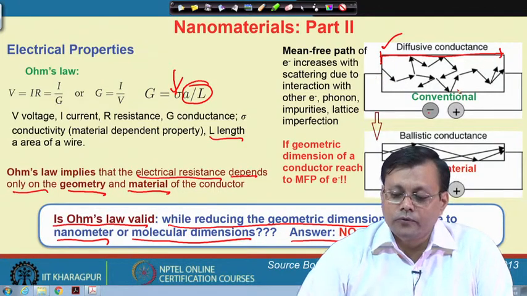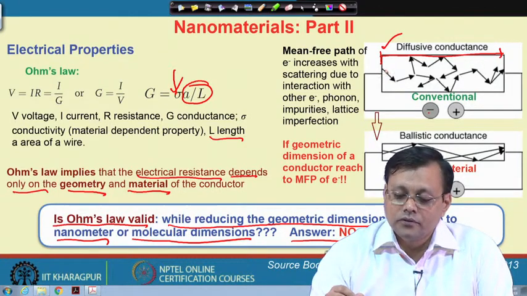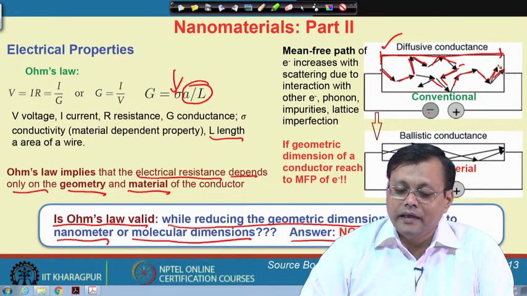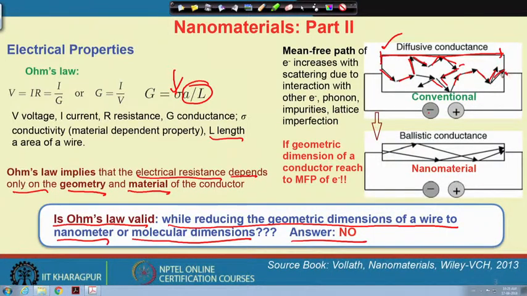So, the electron will move from one side to another side. The electron moves along a path, and in this way it encounters different defects, and then it reaches the end.